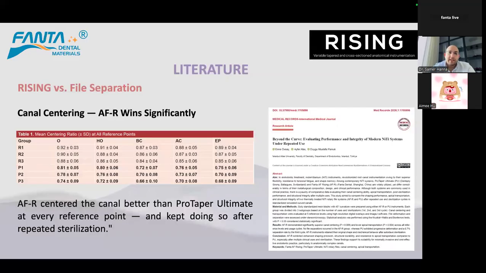First result, canal centering ability: the AFR Fanta Rising won significantly, as it had better centering ability at every reference point, and kept doing so even after repeated sterilization, which we all know affects the file material and affects the file's work later on.